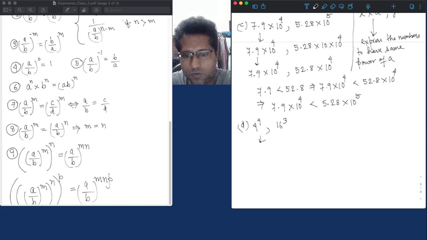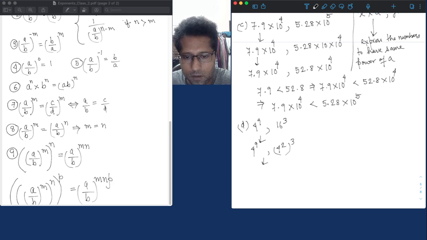So this is 4 to the power 9, and 16 cube, 16 can be written as 4 square, and whole cube.